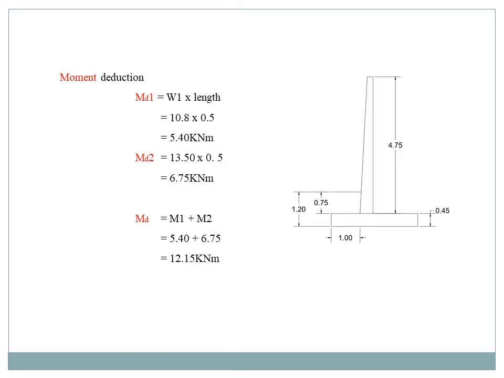Then MD2 is equal to 13.50 into 0.5 is equal to 6.75 kilonewton meter. And finally we need to add that total moment deduction. So MD is equal to MD1 plus MD2. So MD1 answer is 5.40 plus MD2 is 6.75, we need to add that, finally we got 12.15 kilonewton meter.